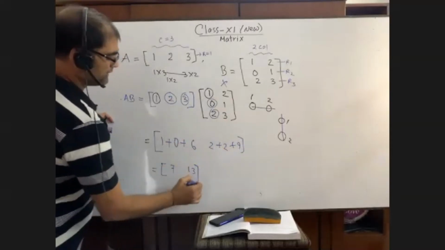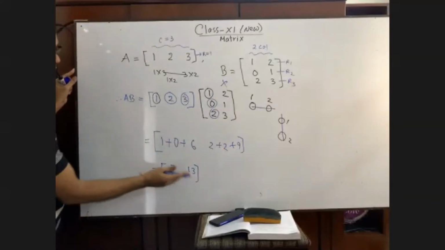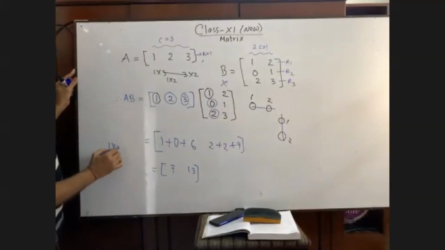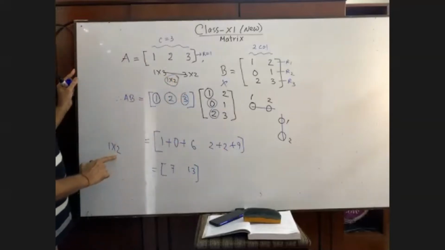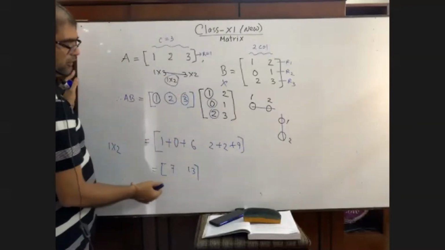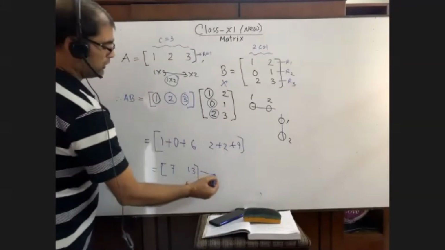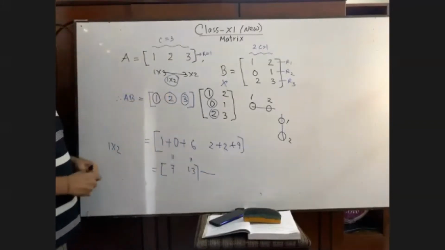This is a new matrix whose order is 1 row, 2 columns. I wrote that to you at first. You have seen perhaps this is only 1 row which has 2 columns. So our math is done.